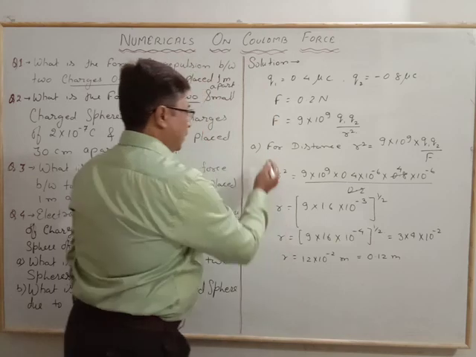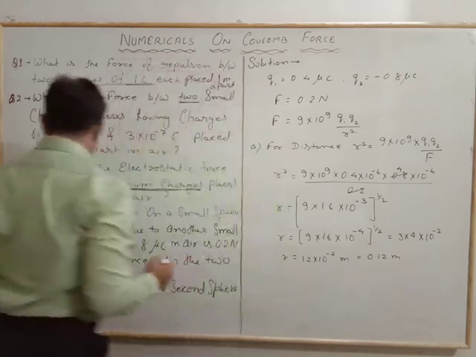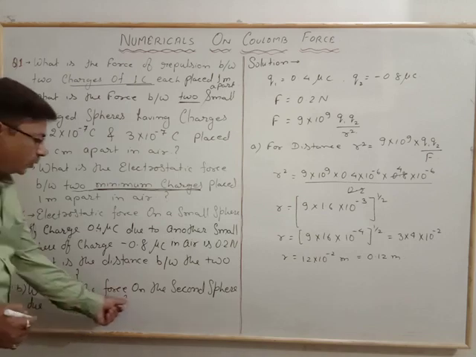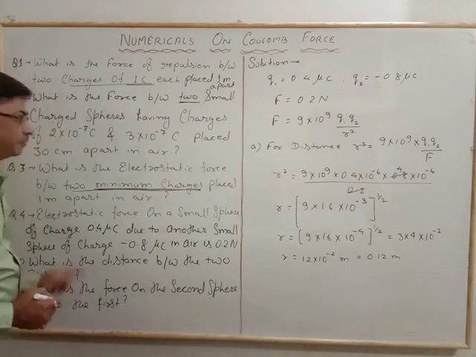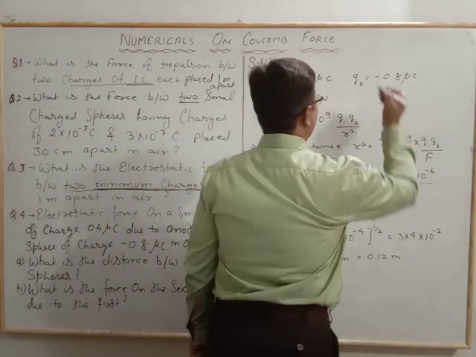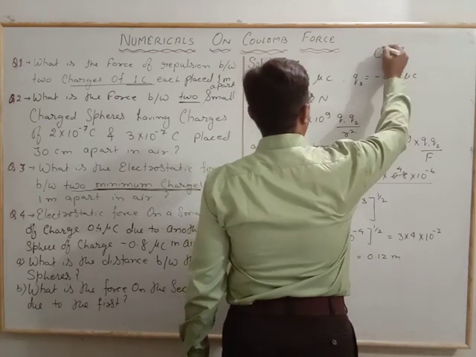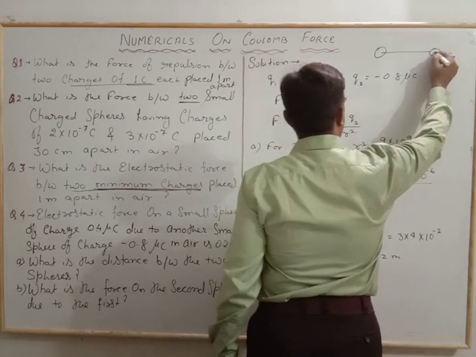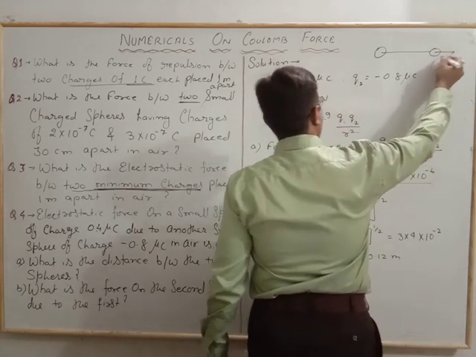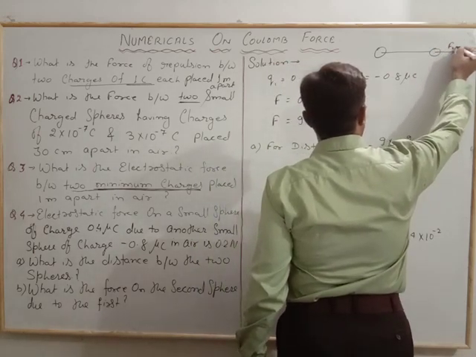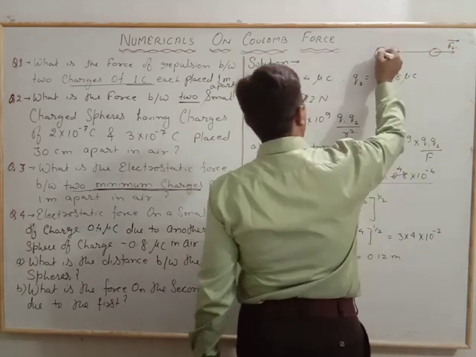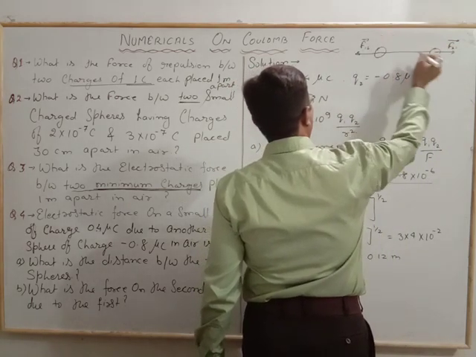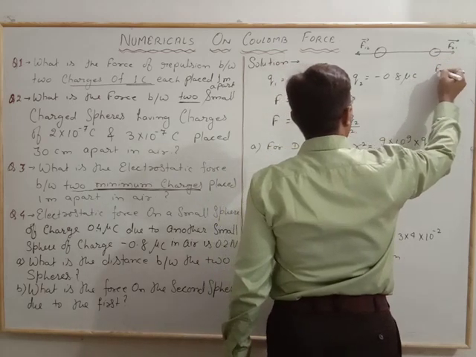Now, the second question: what is the force on the second sphere? We know that the force experienced by the second due to the first, and the force experienced by the first due to the second, are equal and opposite.